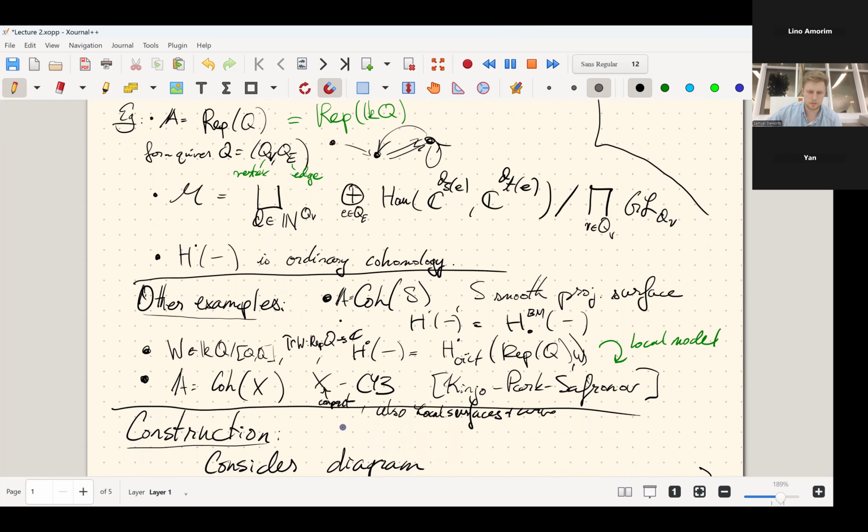And the question is, if I replace coherent sheaves by another t-structure, perverse coherent sheaves, can their definition be applied? They define their construction for an arbitrary CY3 abelian category that satisfies a relatively minimal list of assumptions, and then they show that at least in this example it satisfies those assumptions.